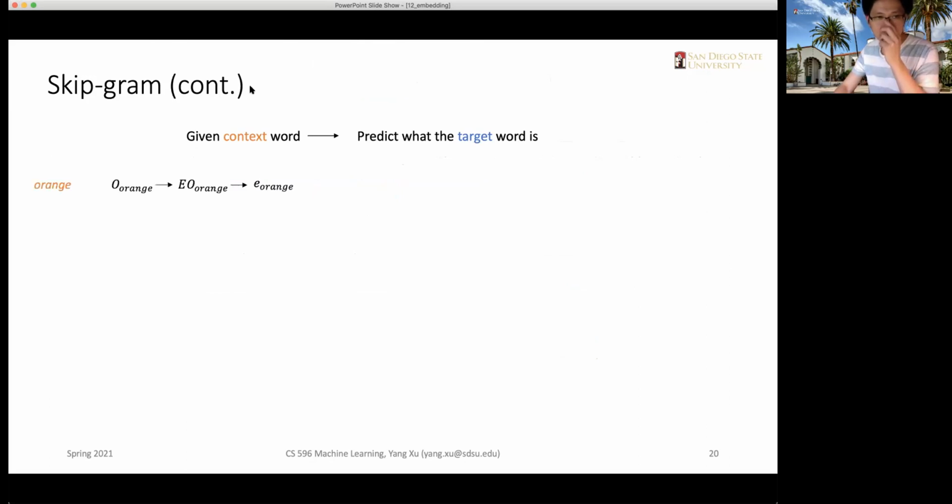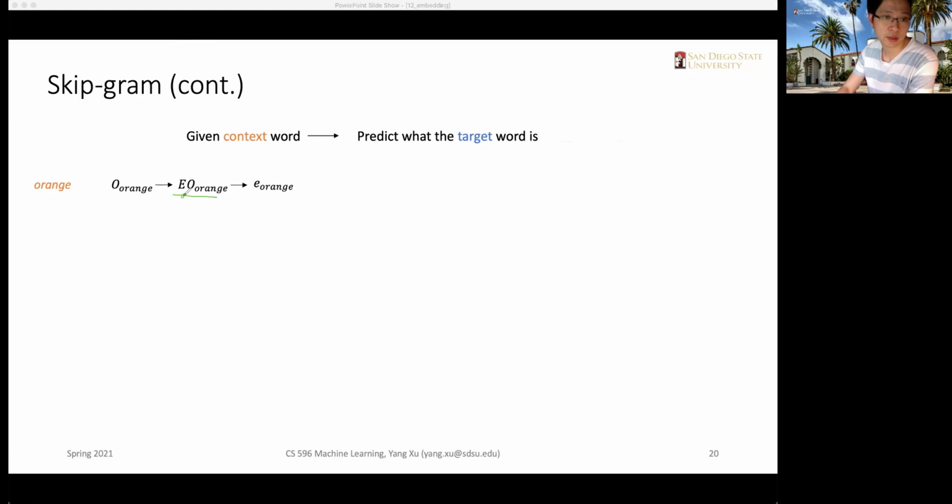It's also similar to the probabilistic neural language model. So given the context word orange, we will use the one-hot encoding to multiply with the embedding matrix E. So this E still needs to be used.